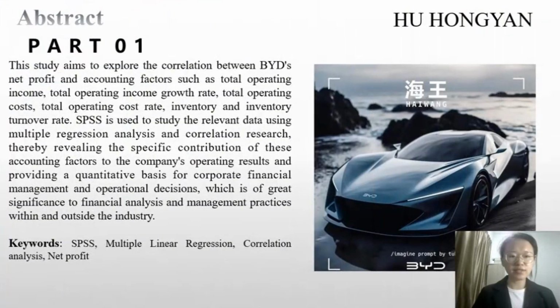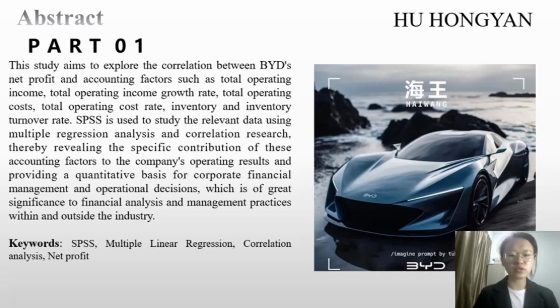Part 1. Abstract. This study aims to explore the correlation between BRD's net profit and accounting factors such as total operating income growth rate, total operating cost rate, inventory and inventory turnover rate.